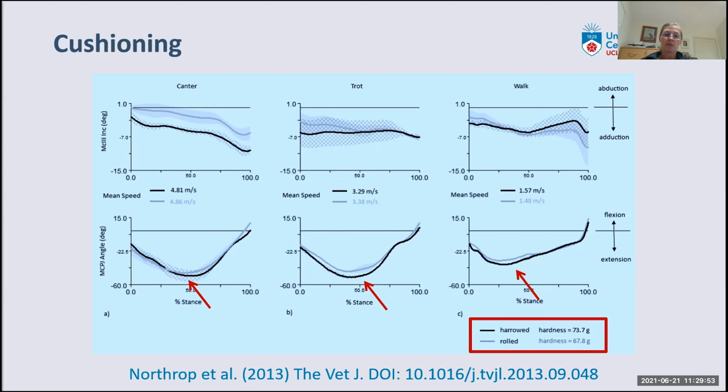And it's certainly something to consider when considering the amount of cushioning that you might expect to see. So if you increase the amount that the limbs held, depending on how that affects the horse and how it then loads its limbs, it may well be that it will have an influence in relation to increasing cushioning.